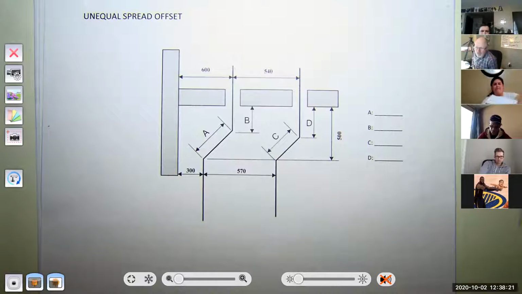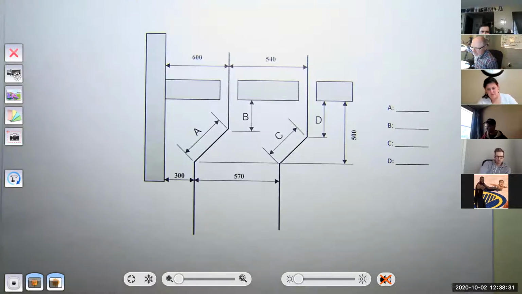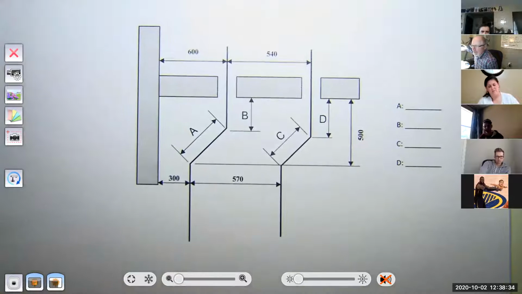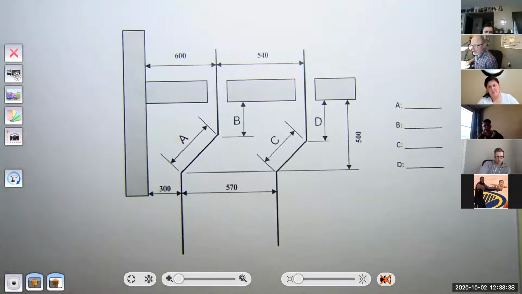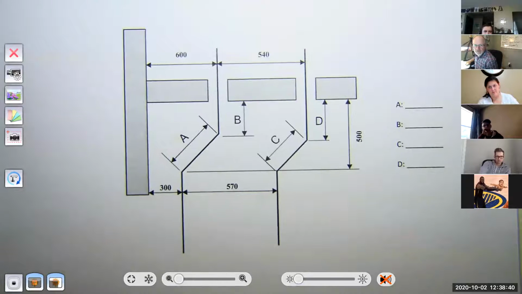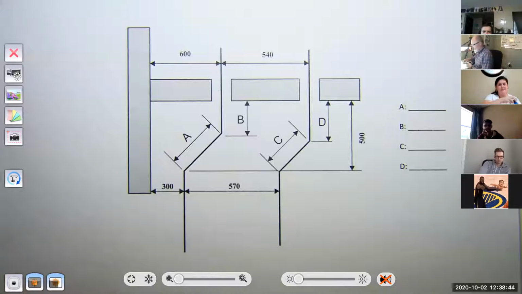All right. So now we have an equal spread offset here for this one. And let me just zoom in a little bit. It's like you're right there over my shoulder sometimes. It's a little creepy, but there it is. All right.